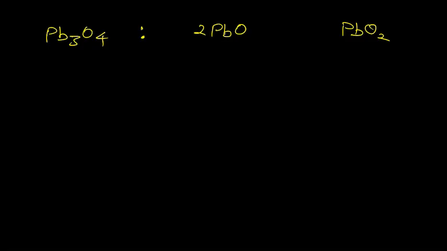So that's why it is Pb3O4. 2 Pb and 1 Pb will make 3 Pb total. 2 O and 2 O will make 4 O. But if you calculate the oxidation state of lead here, in this case it will show +2, because oxygen has -2, it will have +2, overall 0. In this case PbO2, it will be X plus 2 times -2 equals 0. There are 2 oxygens and each oxygen will have -2 oxidation state, means X equals +4.